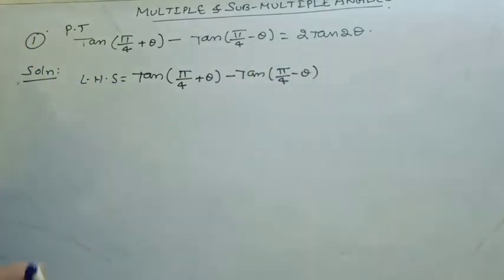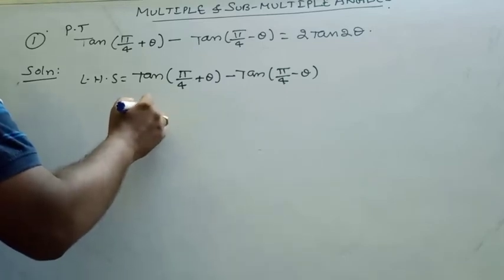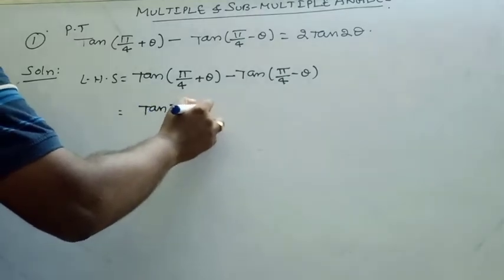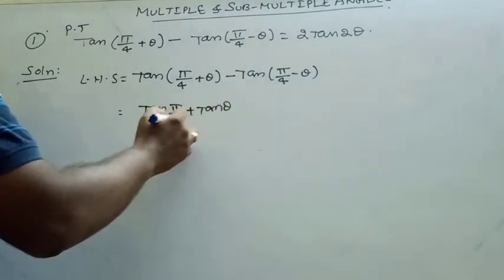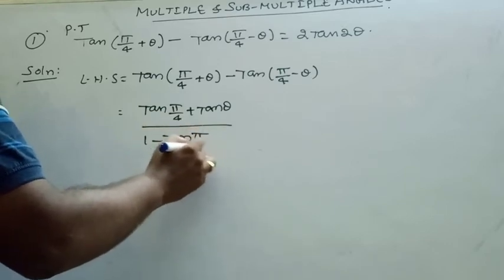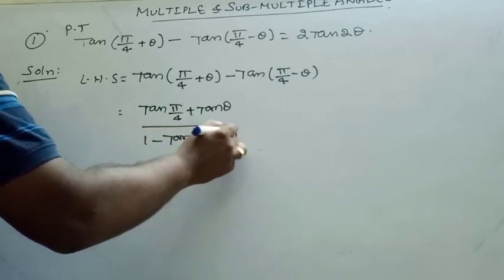If you consider this, now this is equal to, my dear students, (tan pi/4 + tan theta) divided by (1 - tan pi/4 into tan theta).